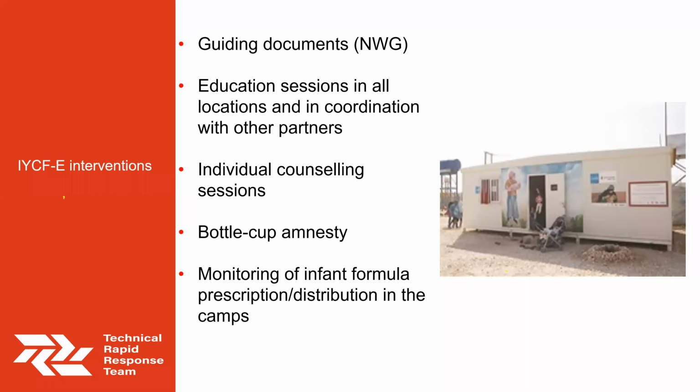Save the Children entered the Zaatari camp also in late 2012. The IYCF program consisted of 3 locations. We had education sessions in all locations, and in coordination with other partners, we had sessions in community centers, in health facilities, in anywhere you could think of mothers gathering.